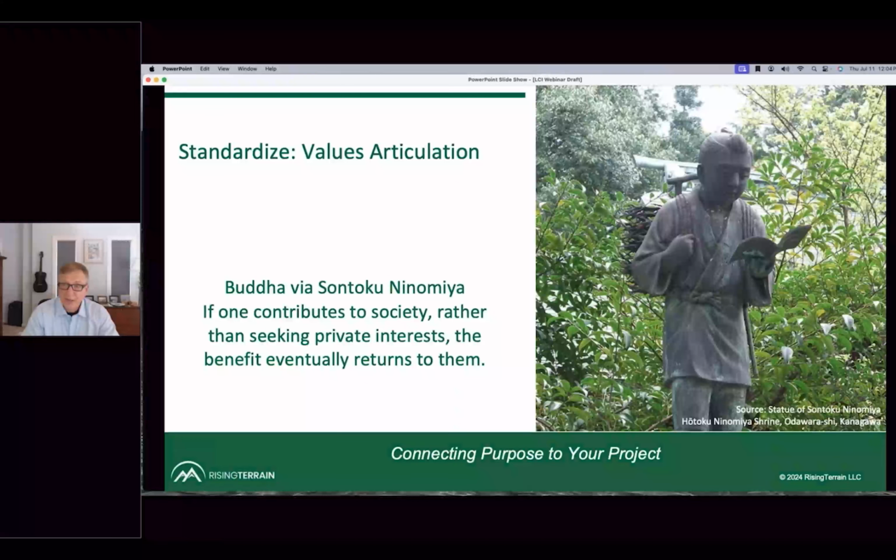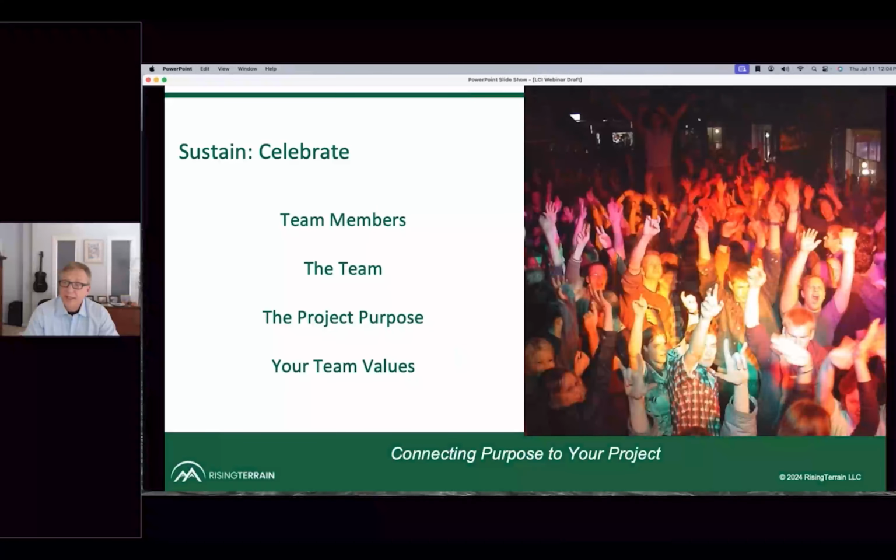And in a certain way, standardizing: values articulation is standardizing the qualities that we bring to the project, the things that we value, and being clear about that. And then there's this whole process of sustaining. How do you incorporate team members?